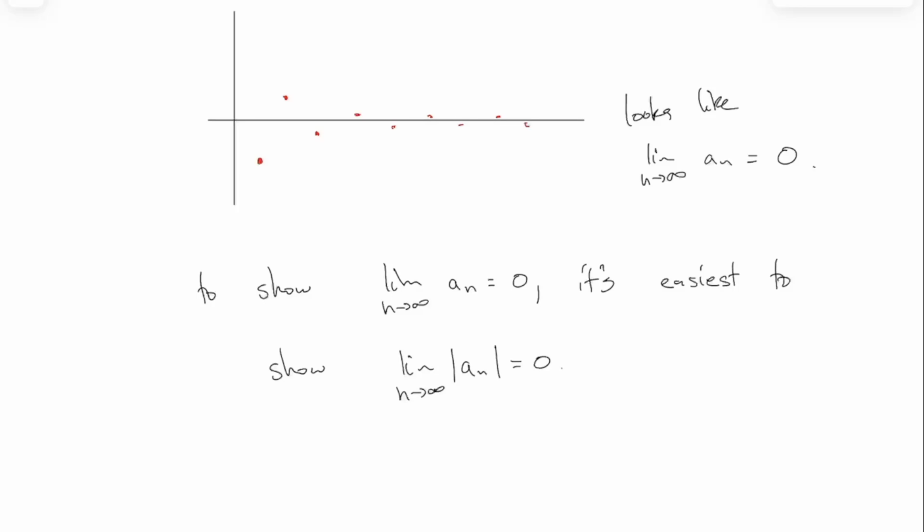This is a little trick: if your sequence has alternating signs, it is usually easier to show that the absolute value goes to 0. And if the absolute value goes to 0, that means the original sequence also goes to 0, because the only way the absolute values could approach 0 would be if the numbers themselves approached 0.